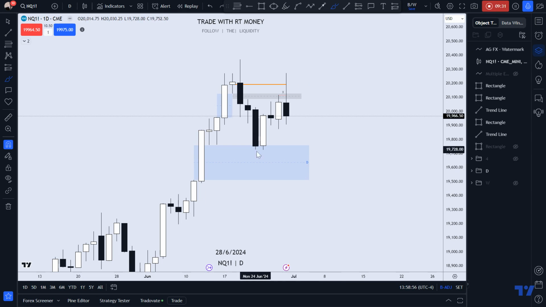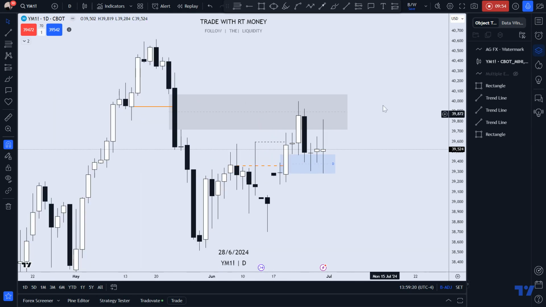This one has already trashed it. So we are responding to the fair value gap on the weekly and the daily on Nasdaq. We could see higher prices come from this area, but I'm looking for price to take out that low first. We'll see. Hope that makes sense.